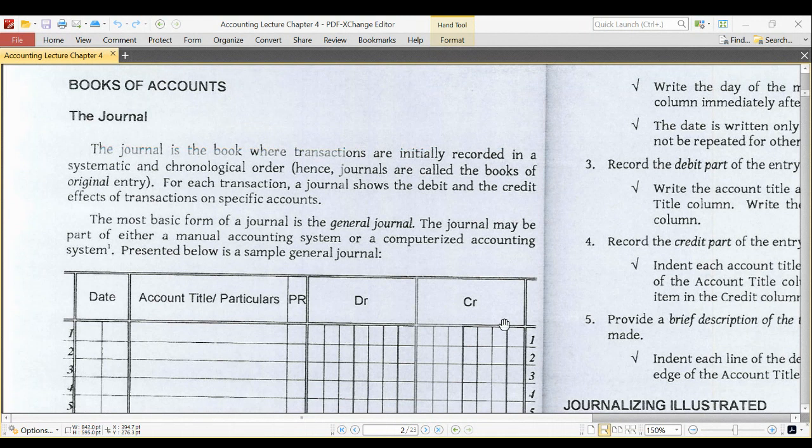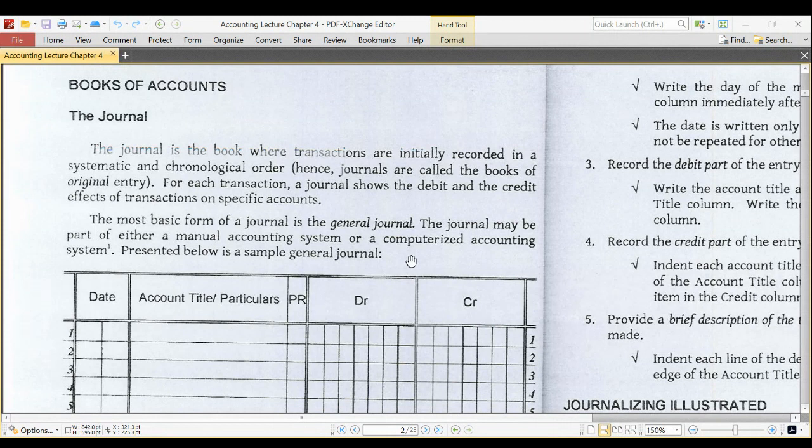Yun. So, yun yung purpose ng special journals. Ano po yung mga special journals? Cash disbursement journal, cash receipts journal. So pag cash receipts journal, lahat ng transaction na may kinalaman sa pagtanggap ng cash, pag-receive ng cash, doon lang siya i-record. Doon sa mismong journal lang na yun, i-record sa mismong book.